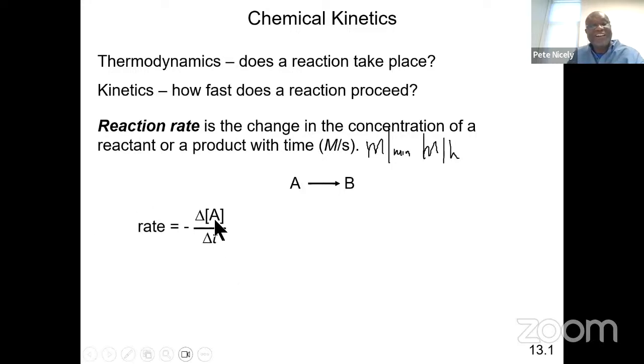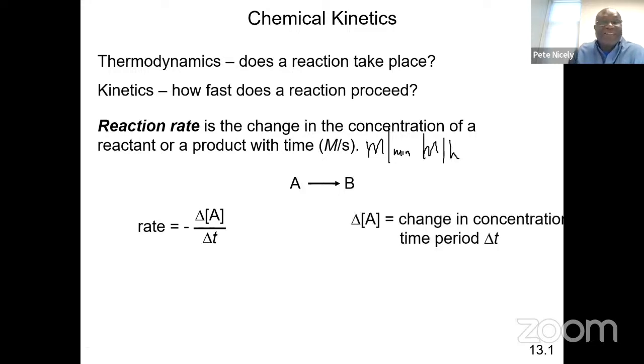So this is change in concentration of A divided by change in time, all right? And you'll notice that there's a negative sign here. The reason there's a negative sign there is because the change in the concentration of A is negative, because the reactant is being used up. So in order to express the rate in terms of the concentration of A, we have to put a negative sign here because A is a reactant, all right?